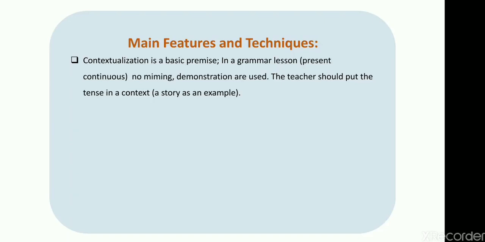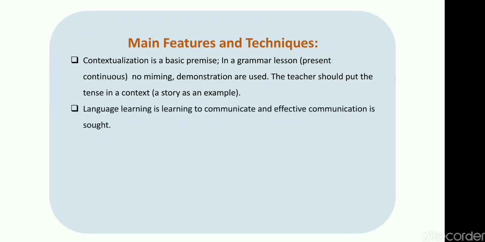Instead, the teacher will show, for example, a picture of her last trip and tell the students something like, I have pictures of my vacation. Look, in this picture, I am with my friends. We are having lunch at a very expensive restaurant. In the other picture, we are swimming at the beach. So, like that, the grammar topic should be put in a meaningful communication for the students to understand.